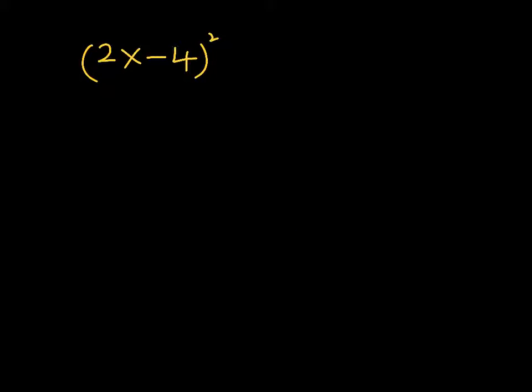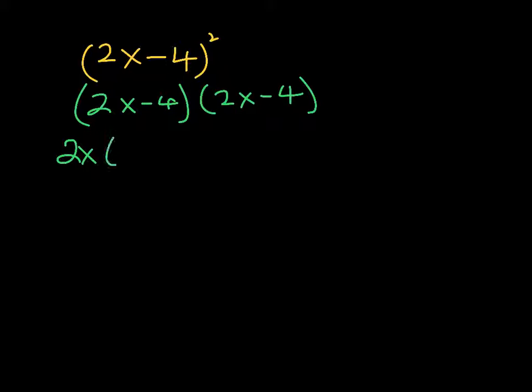Now (2x - 4) squared. Well, the same thing. Remember, you don't want to make a mistake. This is not 2x squared minus 4 squared. No, it's (2x - 4)(2x - 4). Okay, so now we can distribute the content of one bracket to the other. So that's going to be 2x(2x - 4) minus 4(2x - 4).